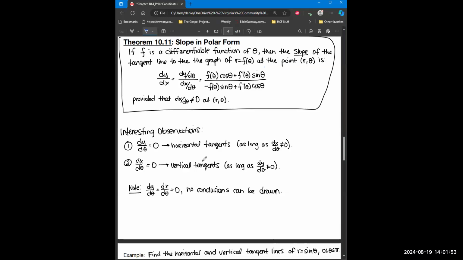Again, as long as dy d theta is not also equal to 0 there, we're in good shape. If dy d theta and dx d theta are both 0, we can't draw any conclusions about the slope, but we should know that the curve is not smooth.